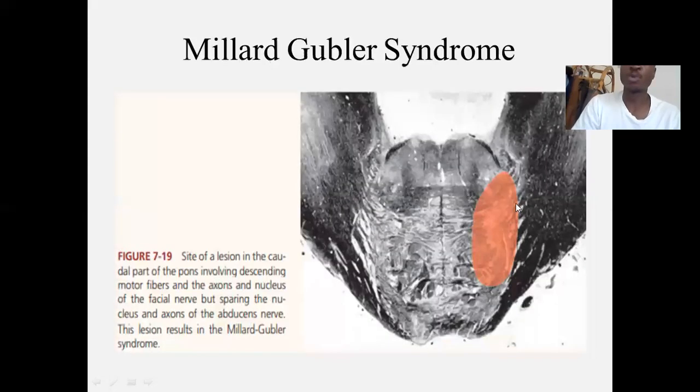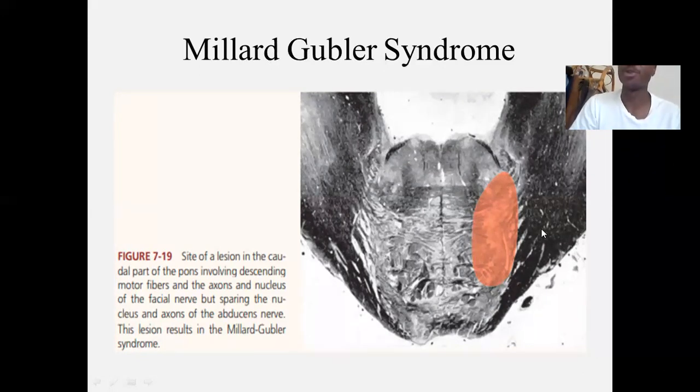Then if you look at this one, it's still a ventral pointing syndrome. This is your Gubler syndrome. You're still going to have contralateral hemiplegia, but you're going to affect the facial nerve now. Meaning to say you're going to have ipsilateral facial nerve palsy. You're going to have drooping of the face on the side of the lesion.